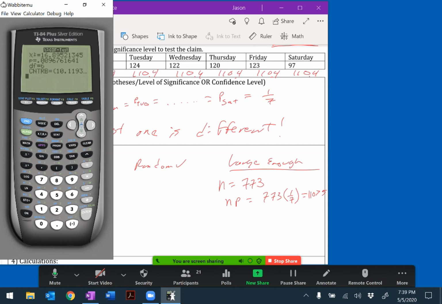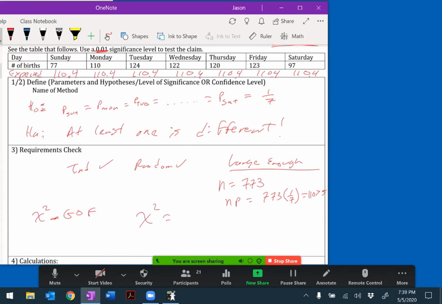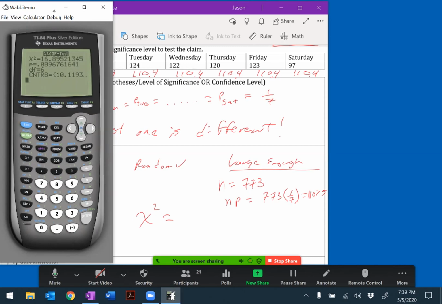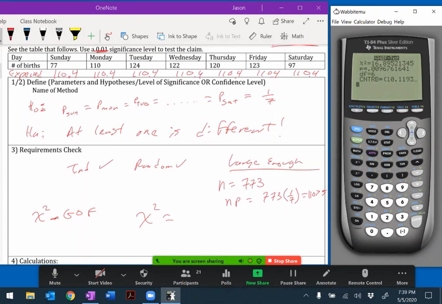And then I'm going to calculate. And it says your chi-squared is equal to 16.895, and your p-value is really low. It's 0.0097, which is less than 0.01.